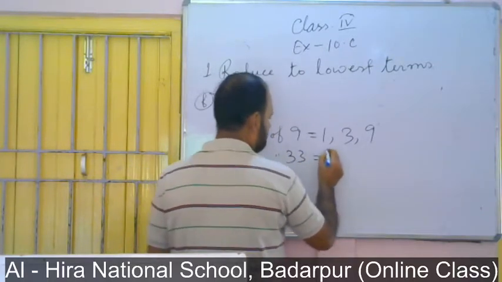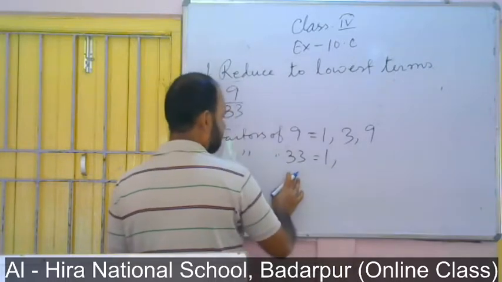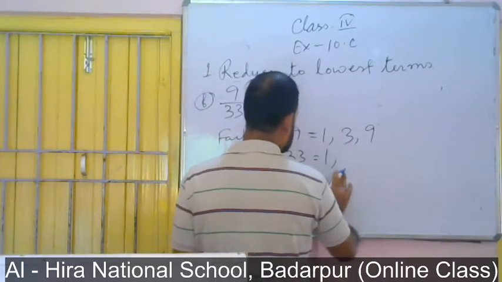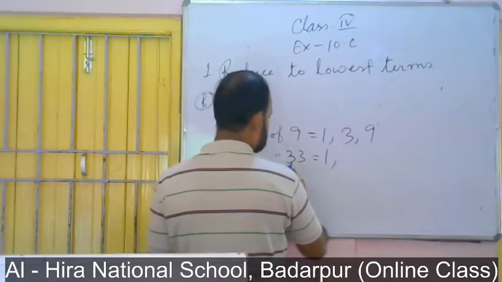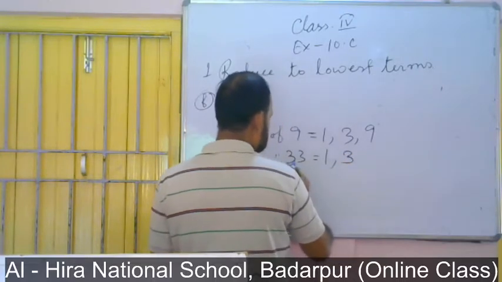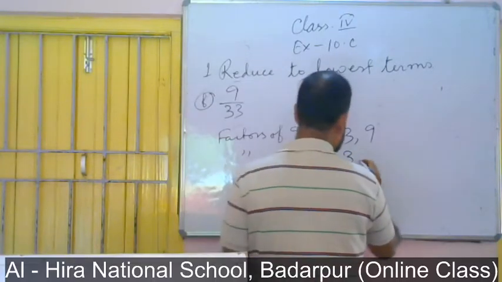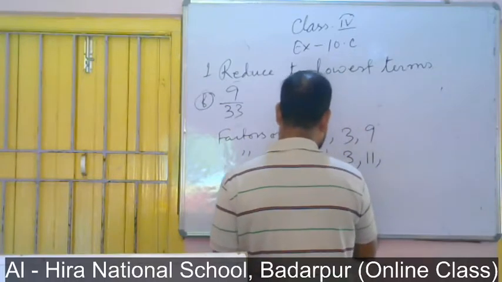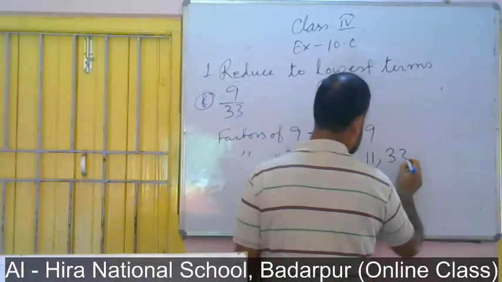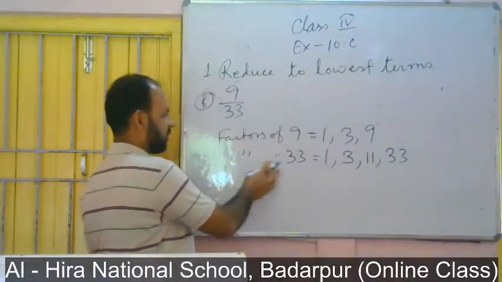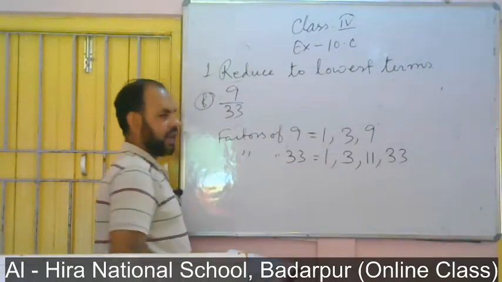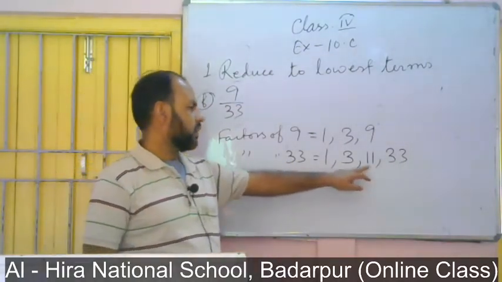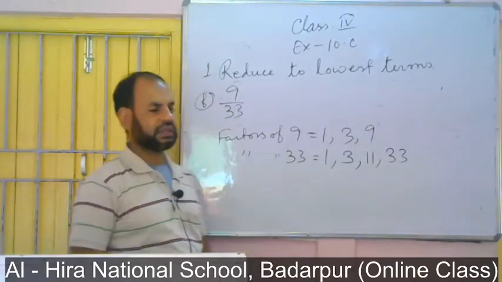We know 1 is the common factor, 33 times 1 is 33, 3 times 11 is 33, next 11 times 3 is 33. So the factors of 33 are 1, 3, 11 and 33.